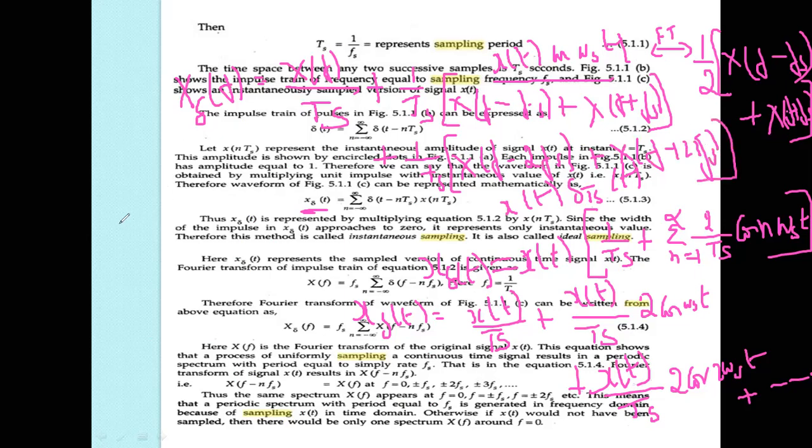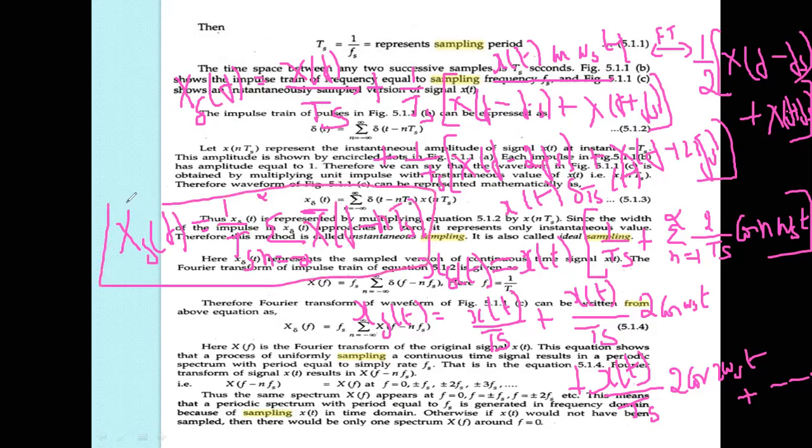Then x delta of f is equal to 1 by Ts common, sum of n is equal to minus infinity to infinity. We can write n is equal to 0 as X of f minus n into fs. Here the plus values are there, and the minus values are also there. So x delta of f is equal to 1 by Ts, sum n equal to minus infinity to infinity, X of f minus n fs.